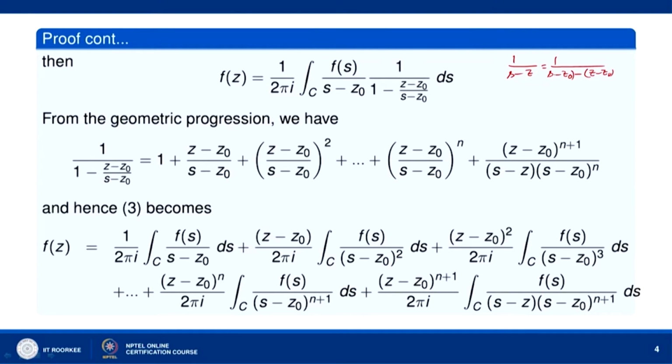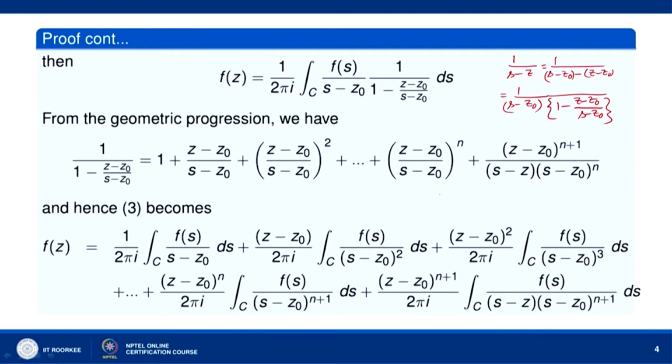Then I can write it as 1 over s minus z naught, times 1 over 1 minus (z minus z naught) divided by (s minus z naught). So f(s) over s minus z is written as f(s) over s minus z naught into 1 over 1 minus (z minus z naught) over (s minus z naught) ds.